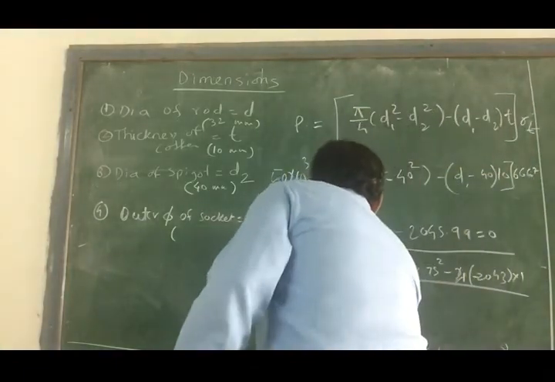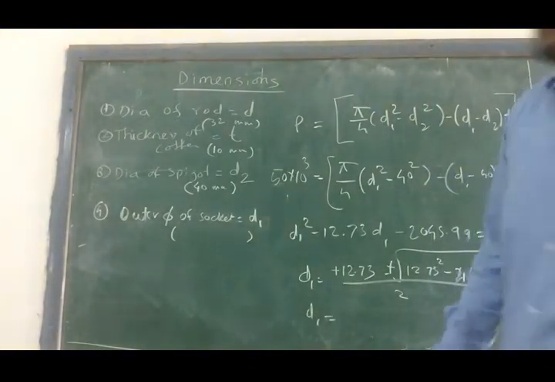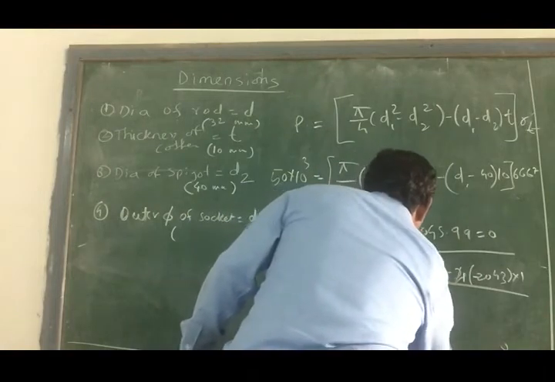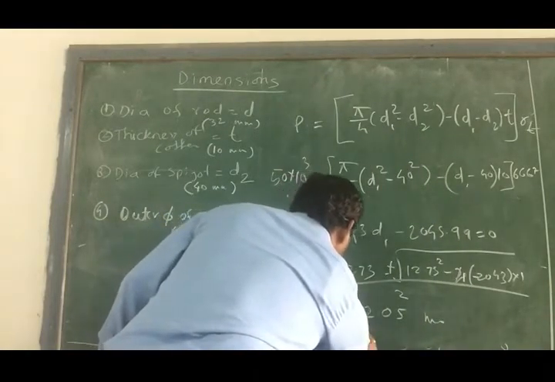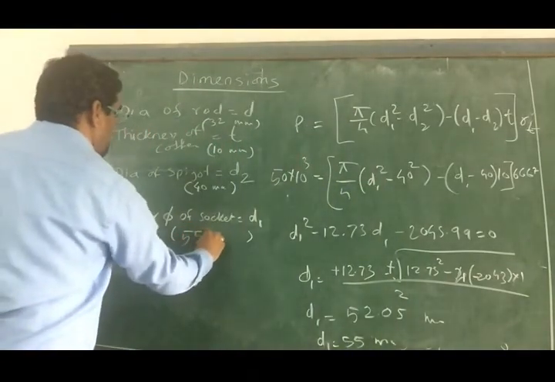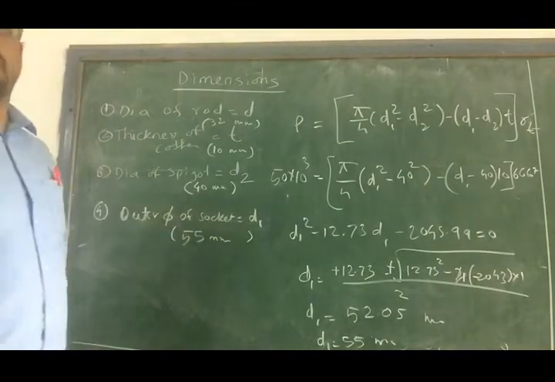So D1 we got as 52.04, so it is about 52.04 mm. So we'll take D1 as 55 mm. So the socket's outer diameter we got is 55, and the inner diameter is 40.